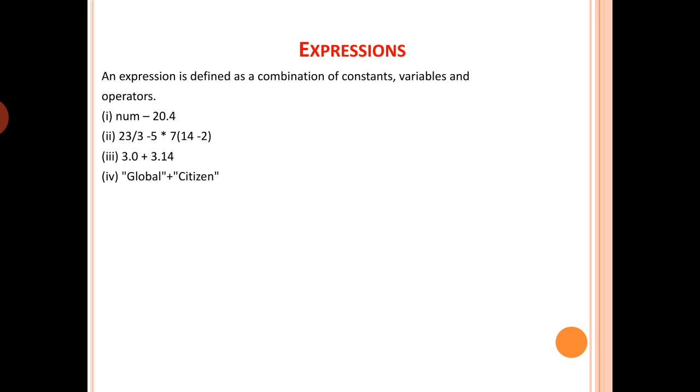Some examples of valid expressions are num minus 20.4, 23 divided by 3 minus 5, and multiplication sign here we have used 7, then within the parenthesis 14 minus 2, 3.0 plus 3.14, global plus citizen. All these are valid examples of the expression.